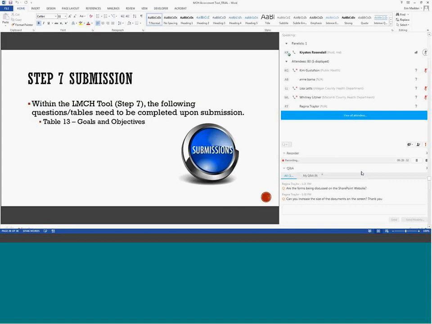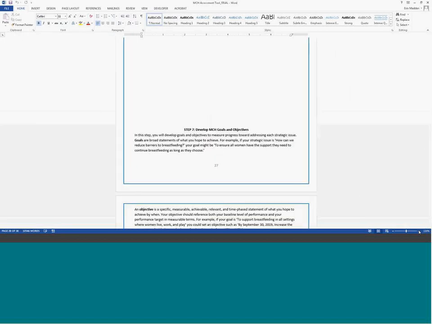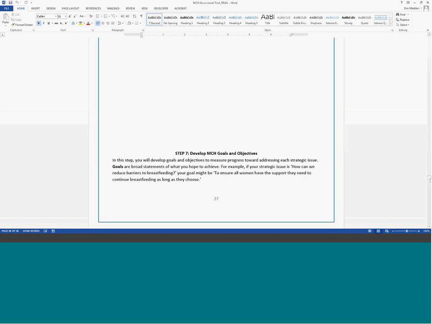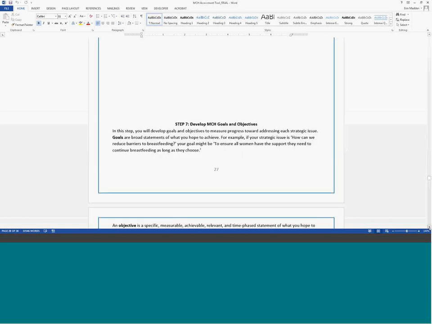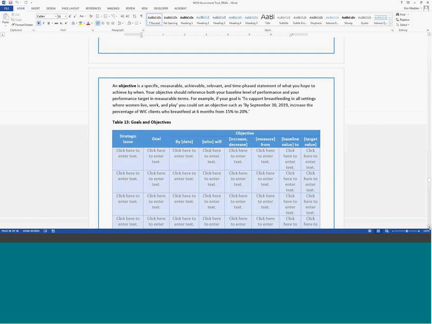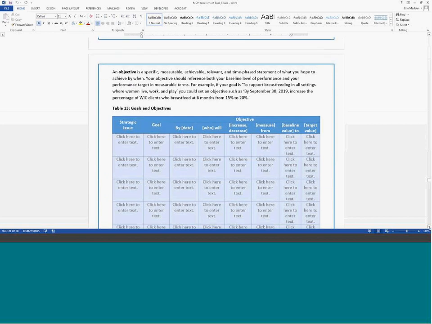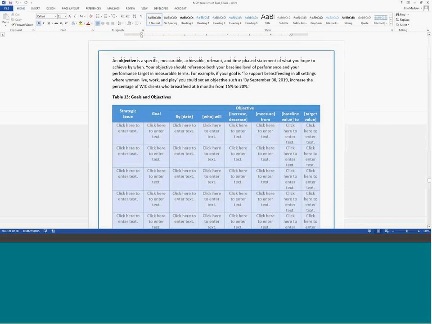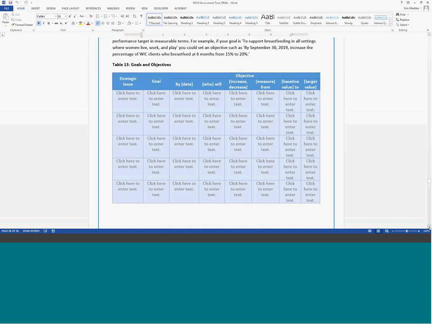Yes, we can do that. That's helpful for me too. So you can include that information about goals and objectives in this table here, and you'll indicate the issue that you're tackling, the goal that you set, and your objective. And the table is set up to help make sure that you have each component of a SMART objective covered.